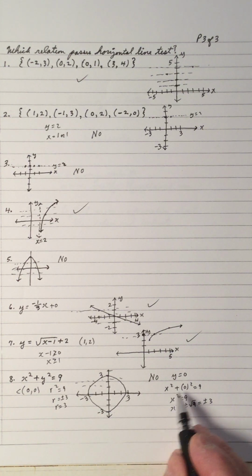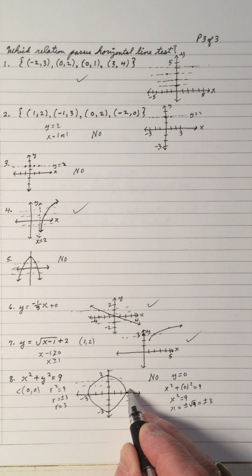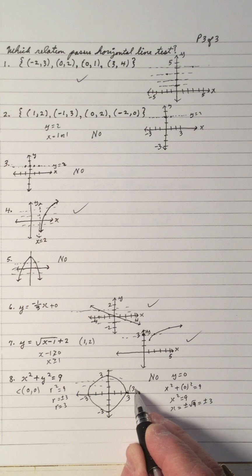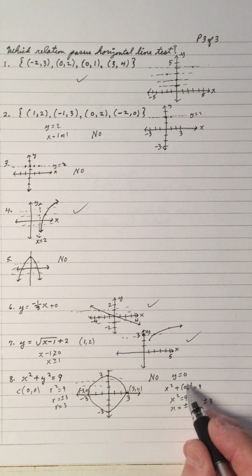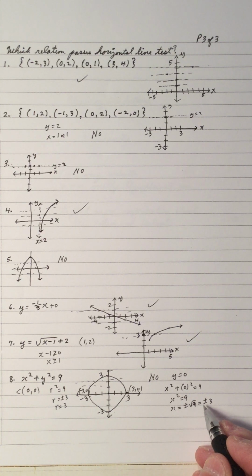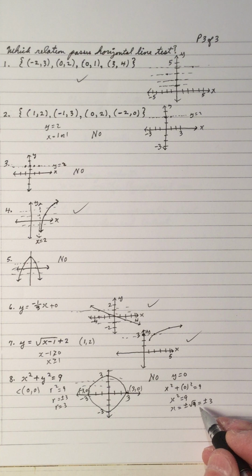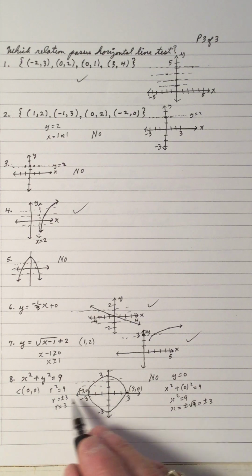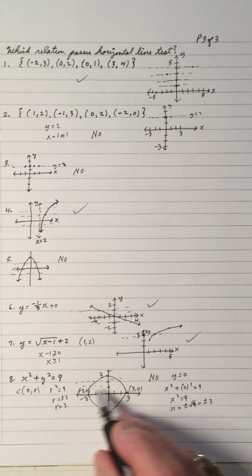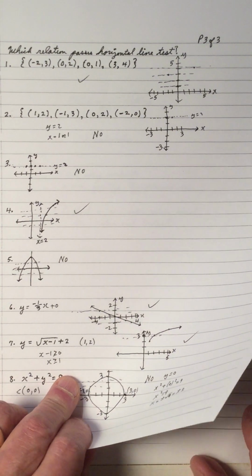I just picked the point at y equals 0. By picking y equals 0, I found 2 values of x. So that's explaining the horizontal line test.